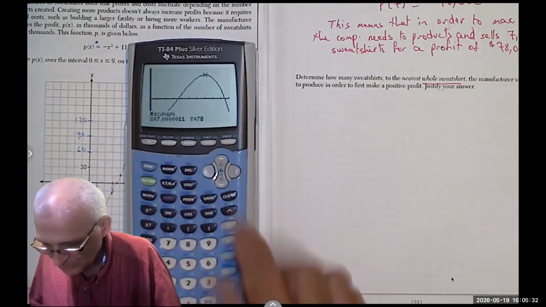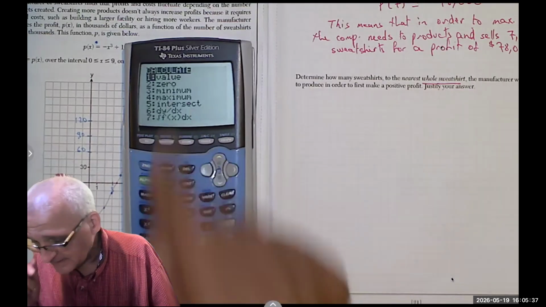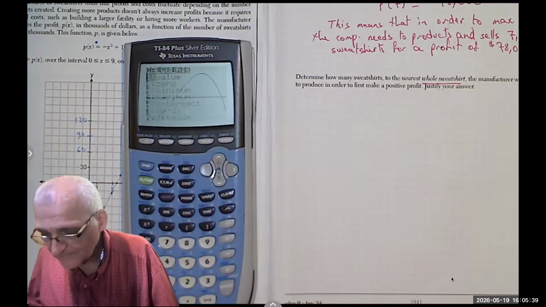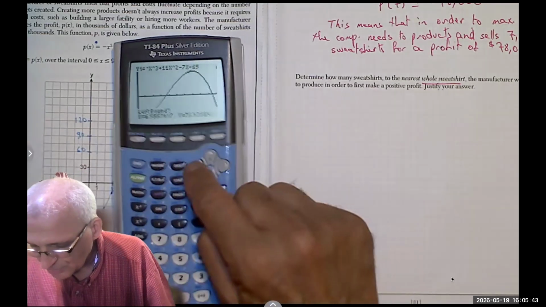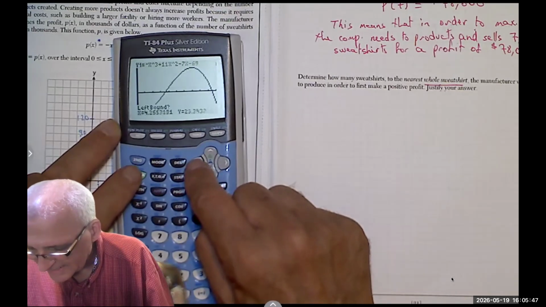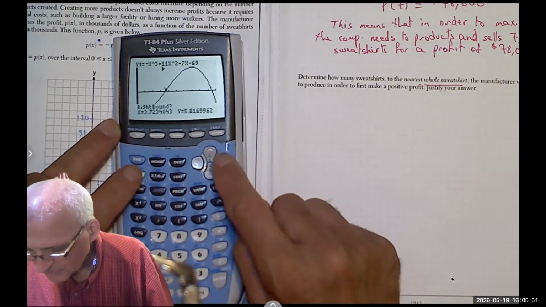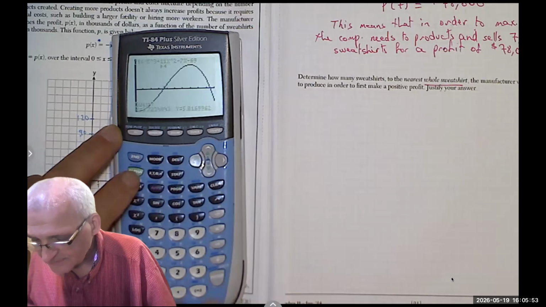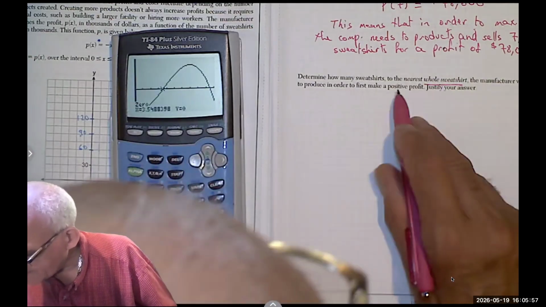Again, go to your calculator, select second calc, and find the zero, because that would tell you where they break even. So they want you to do the left bound, go slightly in the negative, and then slightly to the positive. That's the right bound. This is my guess. And the zero occurs at 3.5.